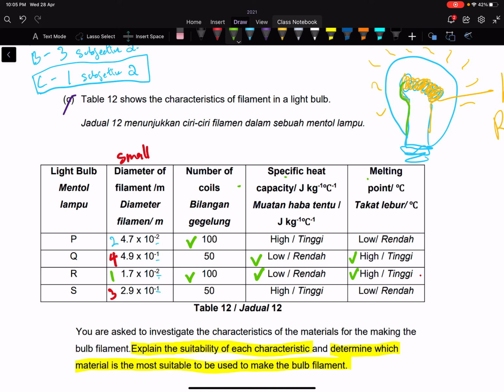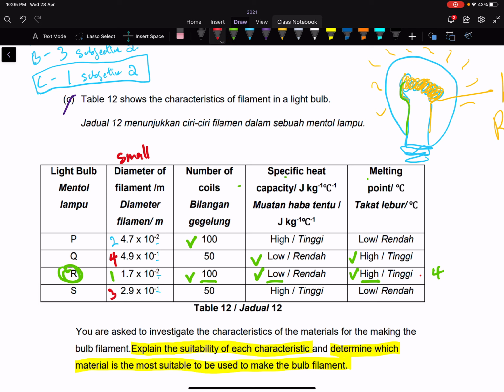We have R, which has the smallest diameter, and then the highest number of coils. High number of coils, low specific heat capacity, and high melting point. So it will take all four of our conditions, right? So obviously we should choose R.